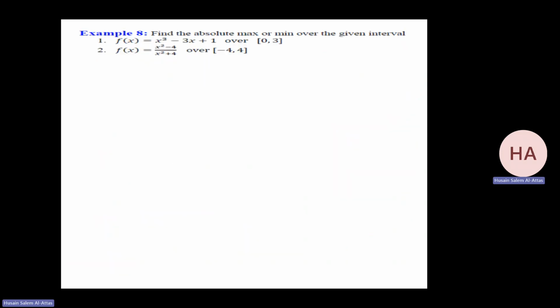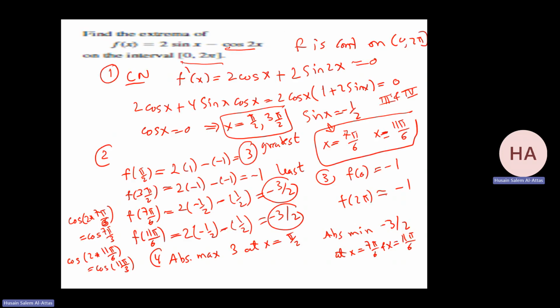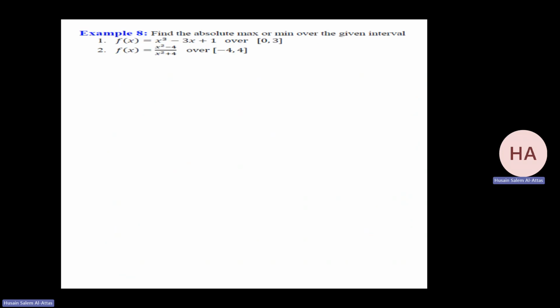Okay, let me do more problems. Find the absolute maximum or minimum over the given interval. By the way, I need to be sure first that it's continuous on a closed interval. Second step, critical numbers.